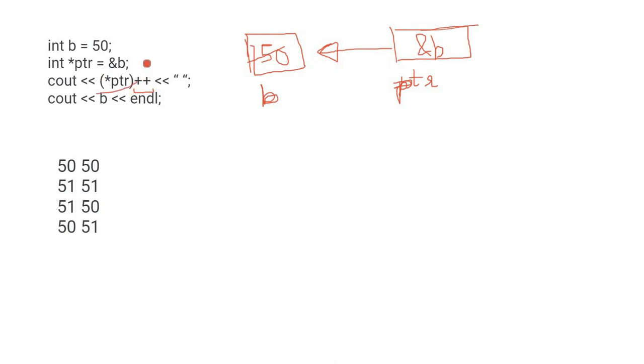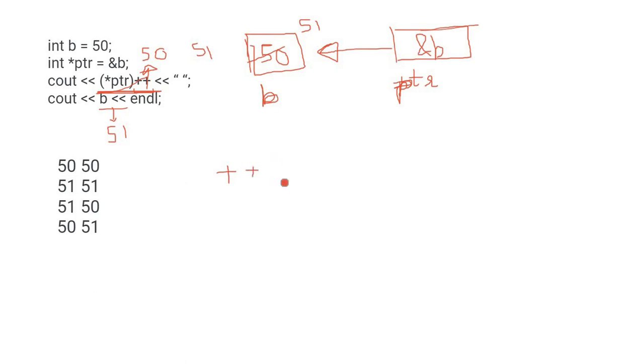So this will print 50 first. After this statement is complete and we move ahead, the value is incremented by 1. Since this value is overwritten and made 51, the next statement prints 51.